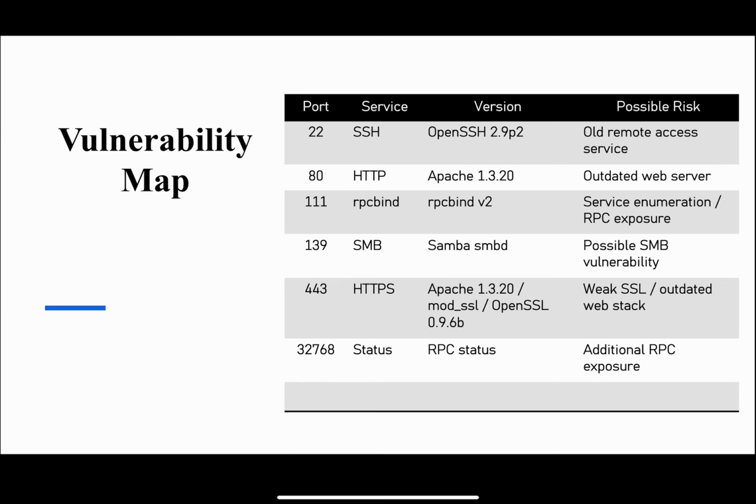The most important entries were Samba on port 139 and Apache with OpenSSL support on ports 80 and 443. These services stood out because they are older technologies with a history of vulnerabilities and insecure configurations.